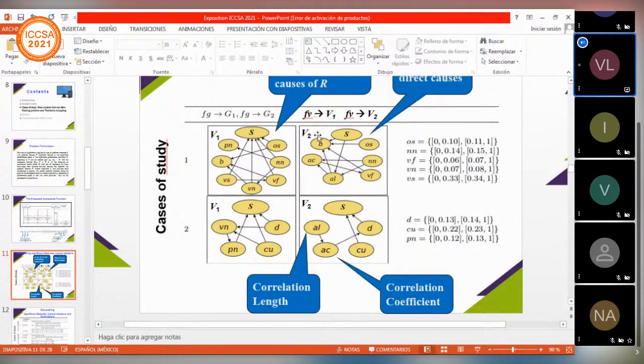So, for example, we have two case studies. In case study one, the data set B1 is formed by features of the problem and the scope of interest algorithm.